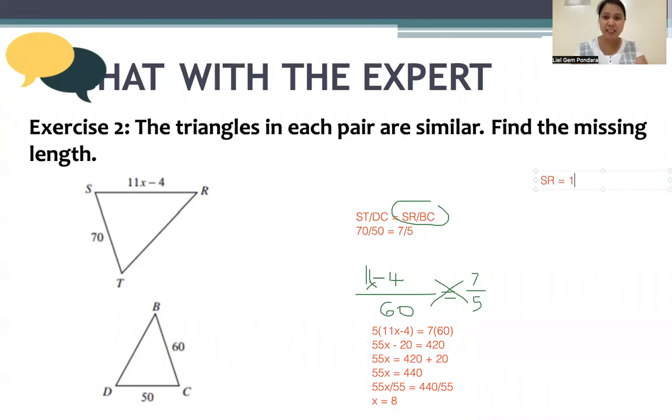Remember, SR is equal to 11x minus 4. So our x is 8, 88 minus 4. SR is equal to 84. If you check 84 over 60, you divide both by 12, is equal to 7/5. Questions?